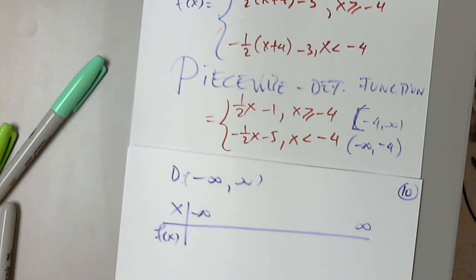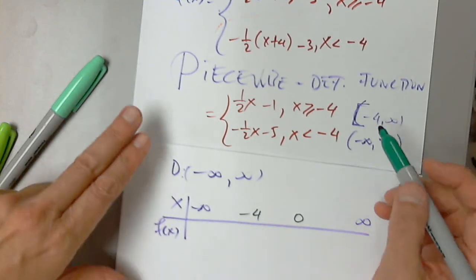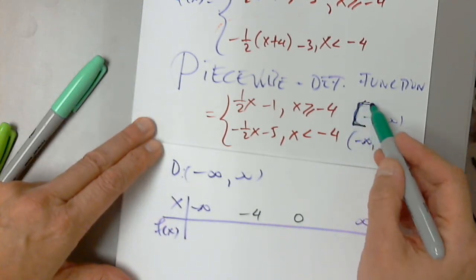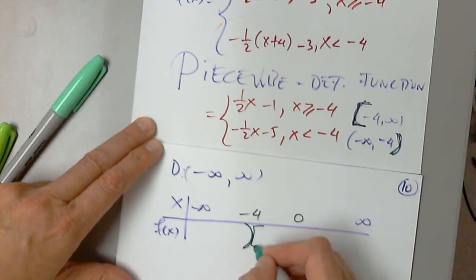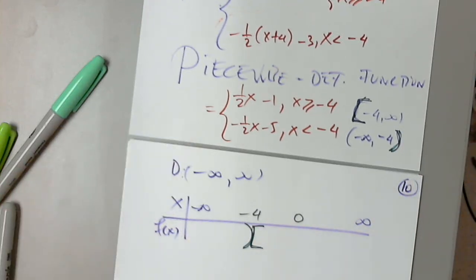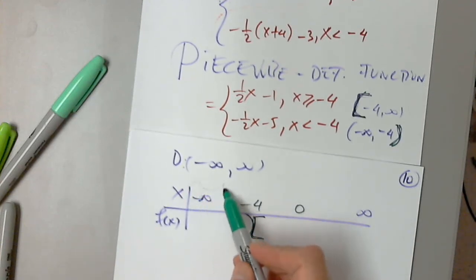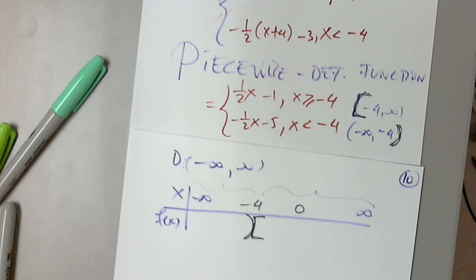Which x values do I have to have in the table? Mandatory. Very good, and also 0. See the symbols under -4, be very careful. A left parenthesis and the right bracket. Very carefully identify the corresponding functions for each subinterval.